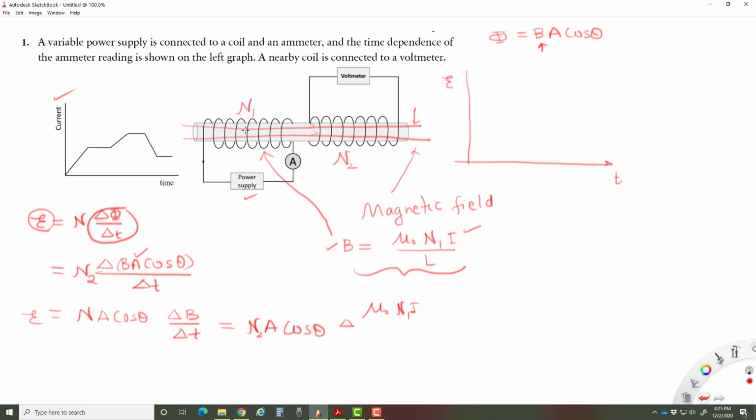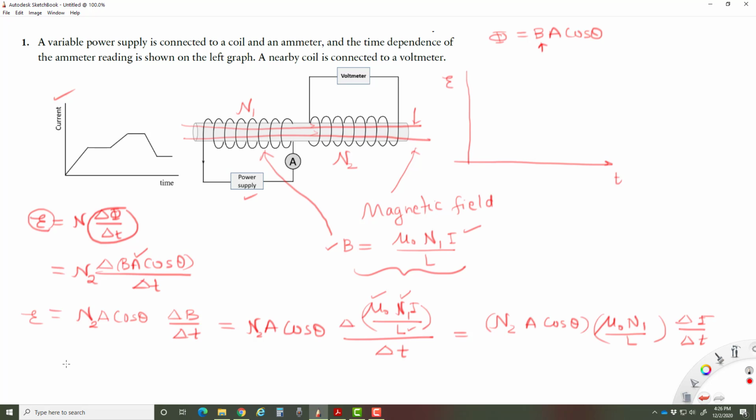This is N1, so that's the magnetic field, and then over delta T. Mu naught is constant, number of turns also constant, L is also constant, so we can pull them out: N2 A cosine theta, and then we have mu naught N1 over L, and then what is left here is I, so delta I over delta T.